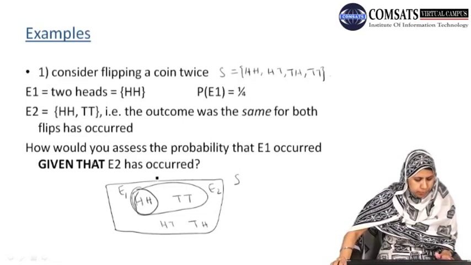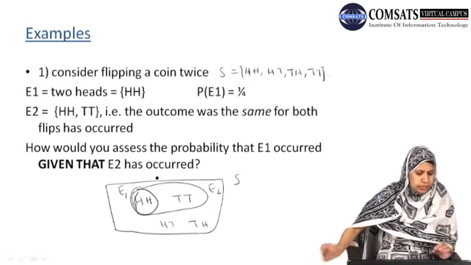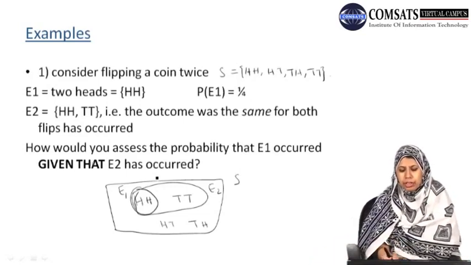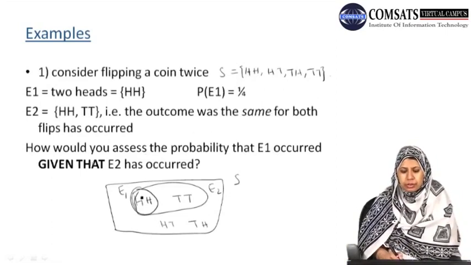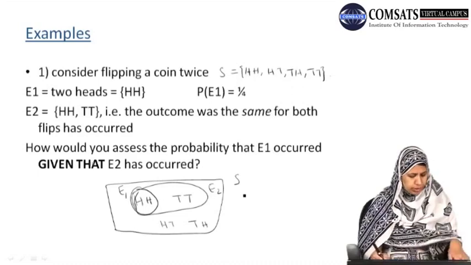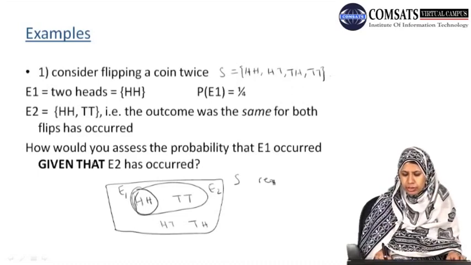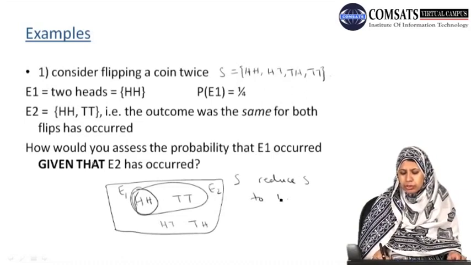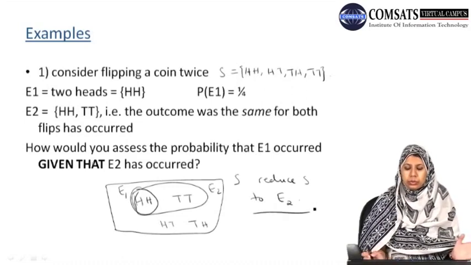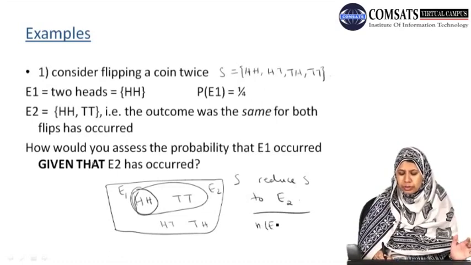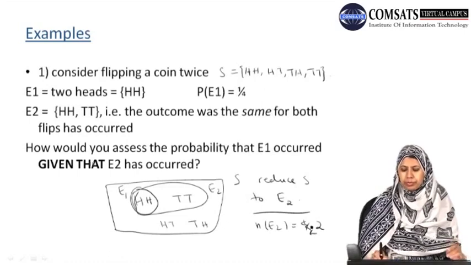So what we will do in this case, we will shift or reduce our sample space to this new sample space E2, that is, reduce the sample space S to our new sample space E2, and the size of this new sample space E2 is 2.